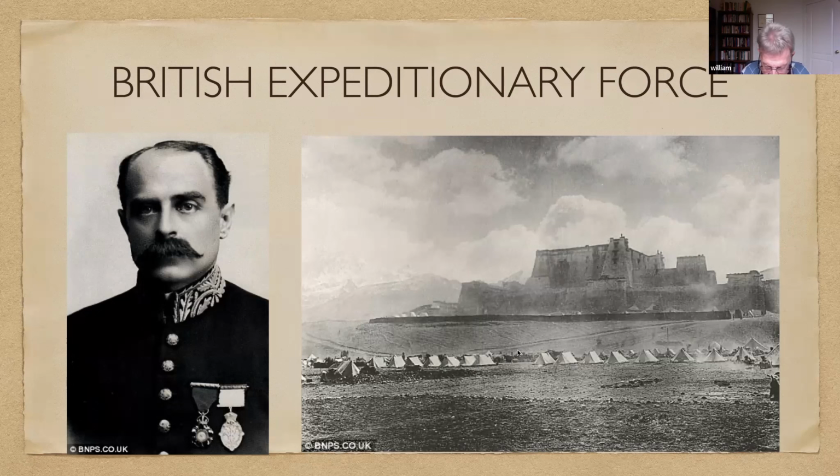So they make an agreement, and that agreement says the British will not annex any part of Tibet in return for a certain indemnity from the Chinese government, while China agreed not to permit any other foreign state to interfere in this territory. And as far as the British were concerned, that would be Russia. So that's why we have this British expeditionary force going into Tibet at this time.